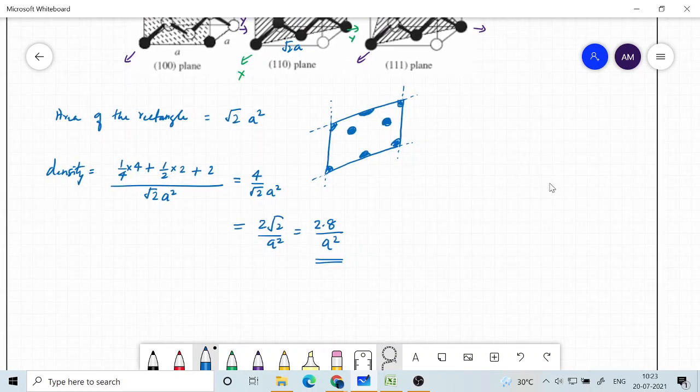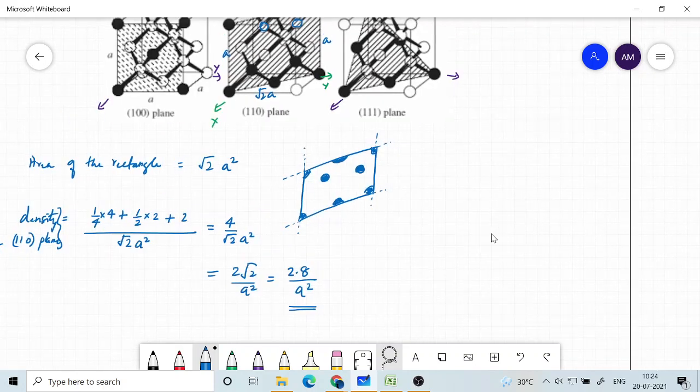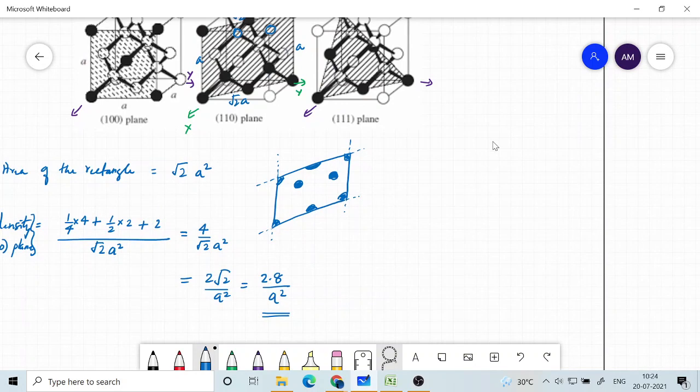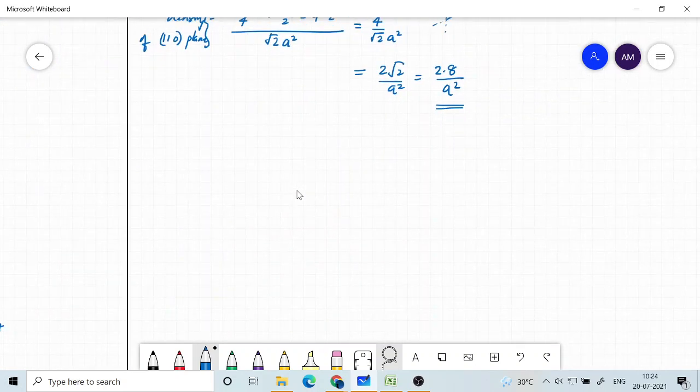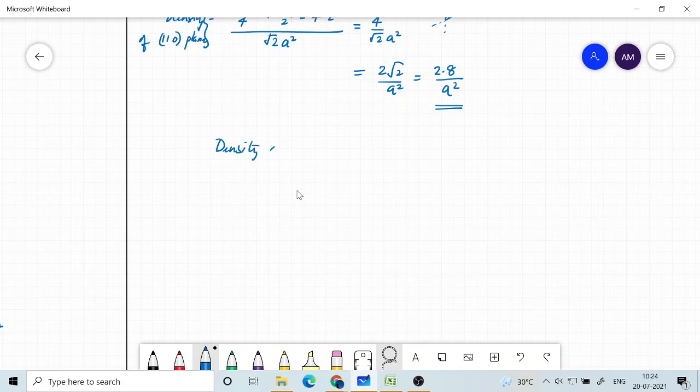So the density of 110 plane. Now coming to the density of the 111 plane. Now if you look at here, let me just read over this. Density of 111 plane.